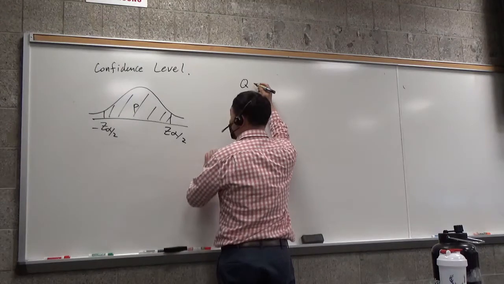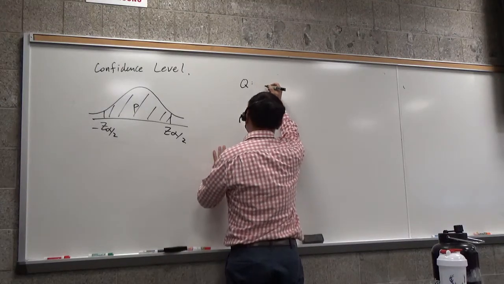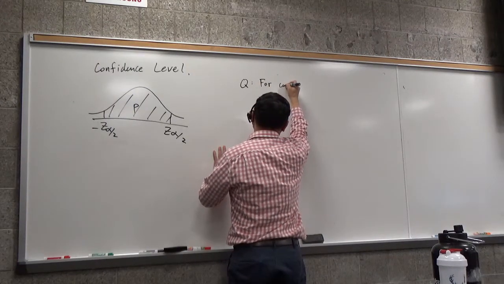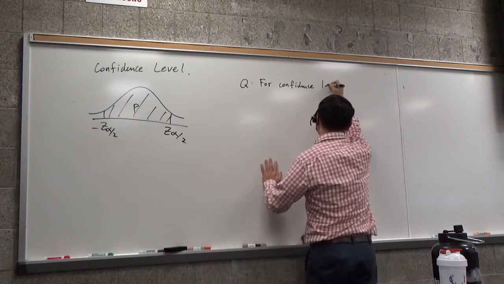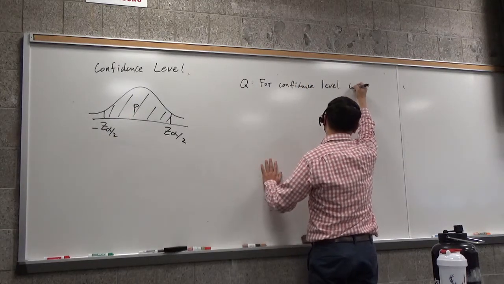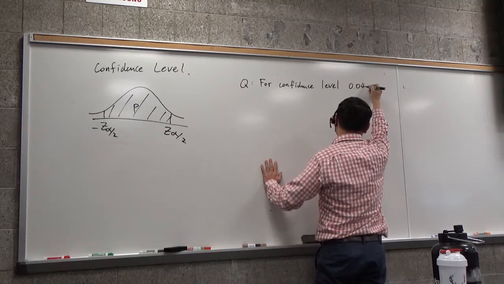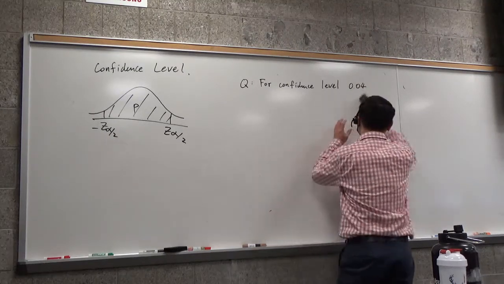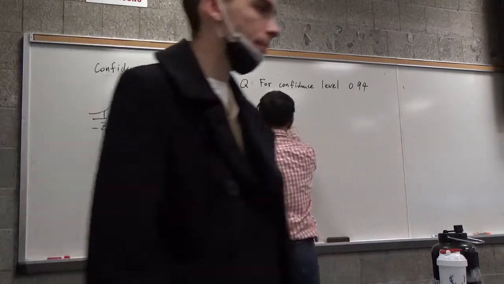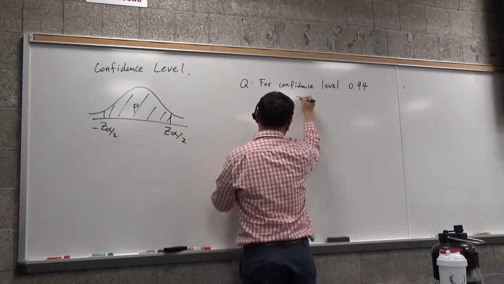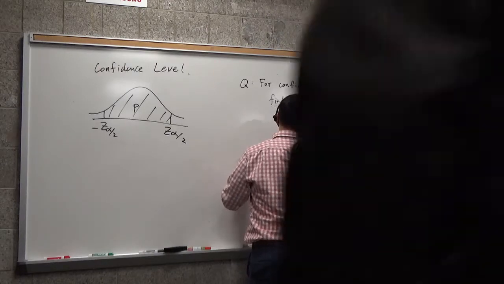So if for confidence level 0.94, find z alpha over 2.